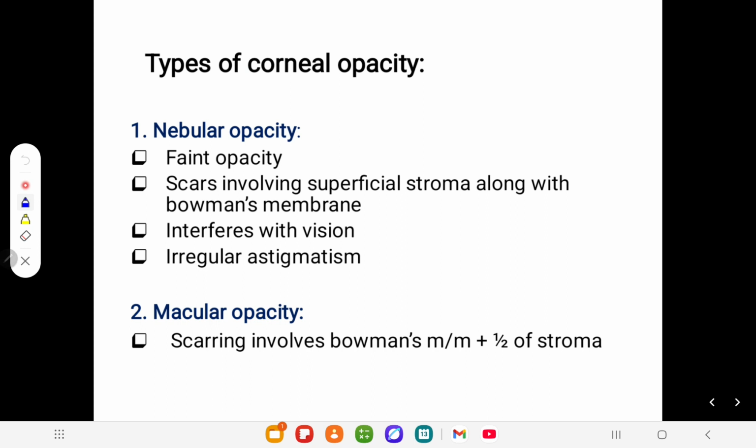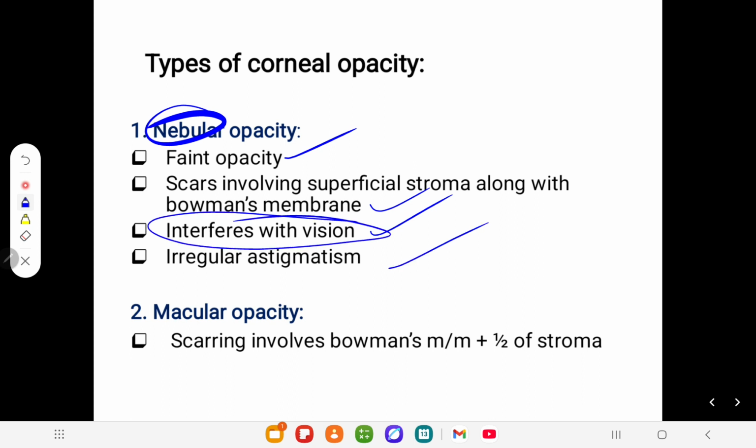Nebular opacity, macular opacity, leukomatous opacity, and adherent leukoma. The term nebula itself means a small cloud, isn't it? Faint opacities. A scar involving the superficial stroma along with Bowman's membrane interferes with vision and causes irregular astigmatism, a lot because of the anterior position and the scattering of light.